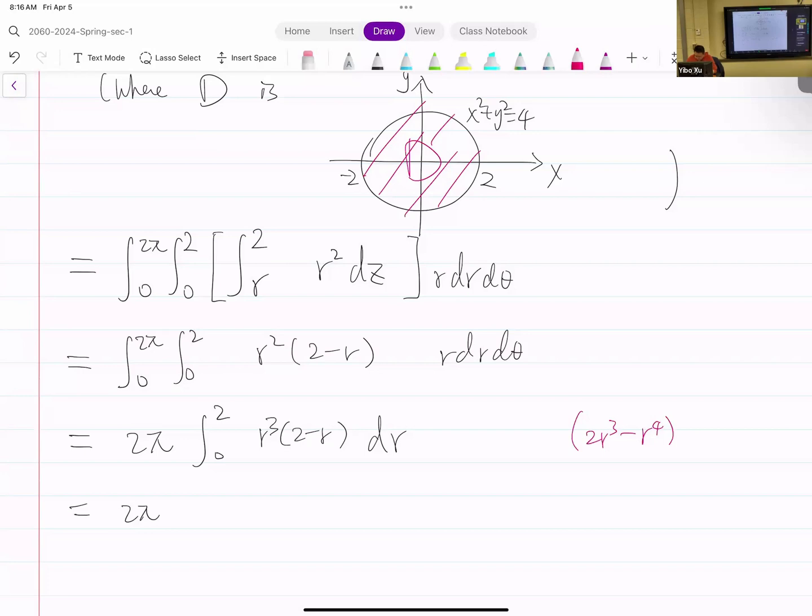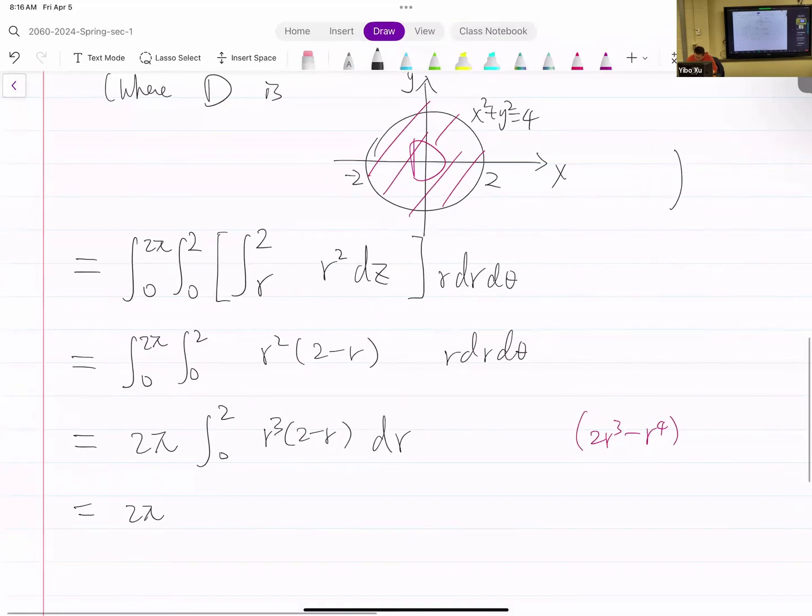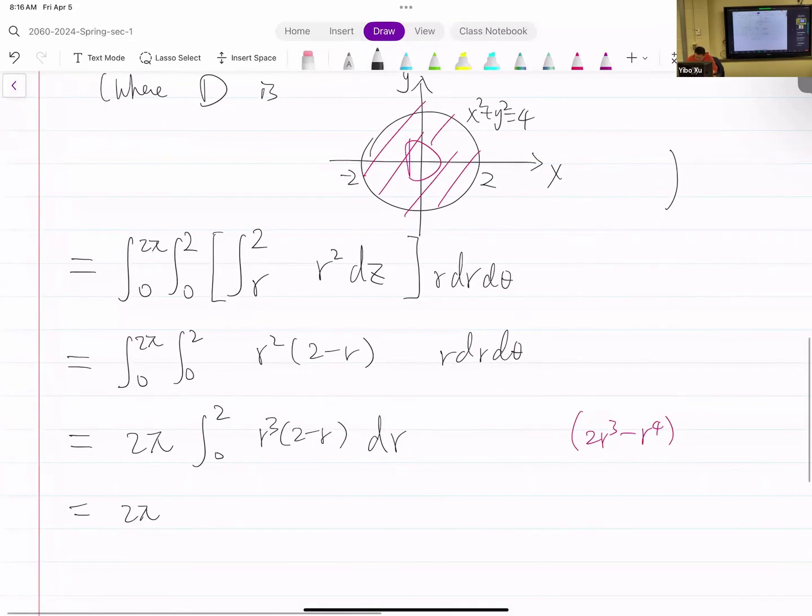Right? So if we want to write down the antiderivative, now these are individual monomials. Okay? So it's going to be, for both terms, 1/2 r to the 4 minus 1/5 r to the 5.